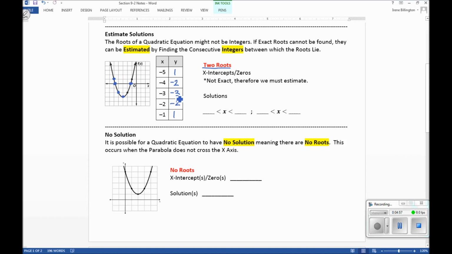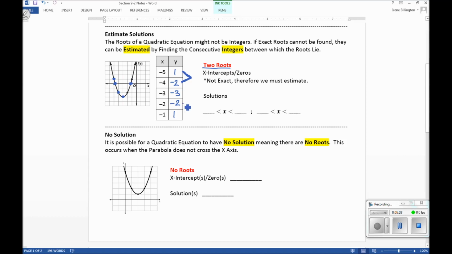Now, if I look at this table, we know that the solutions or the x-intercepts occur when the y value is 0. And we know y does not show as 0 on this table. However, we can notice that my y value goes from positive to negative when I switch from an x value of -5 to an x value of -4.